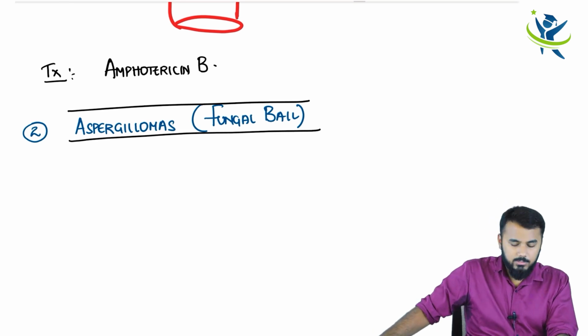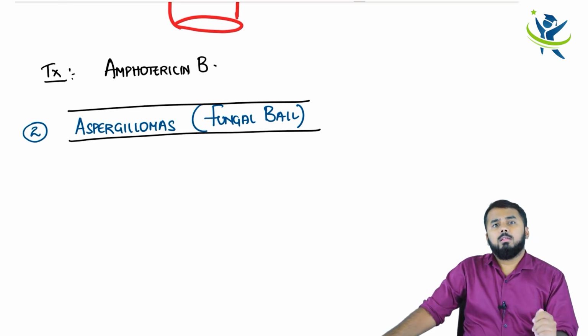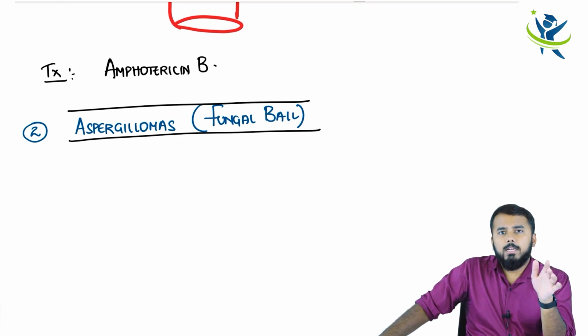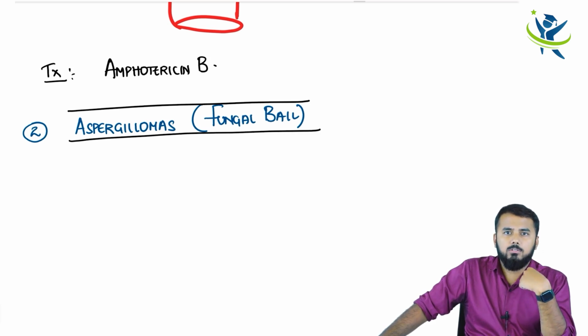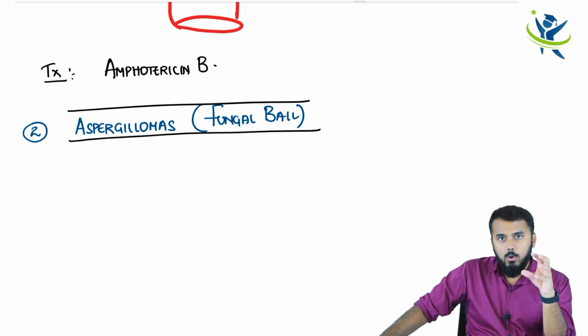For example, let us say I am a patient and I have TB. Whenever I have TB, cavities will form in my lung. You know that. There are high chances that within those cavities, these fungal balls are formed.